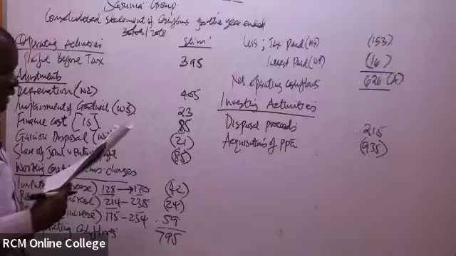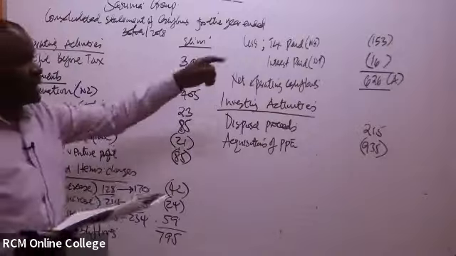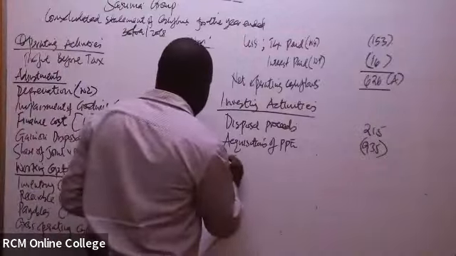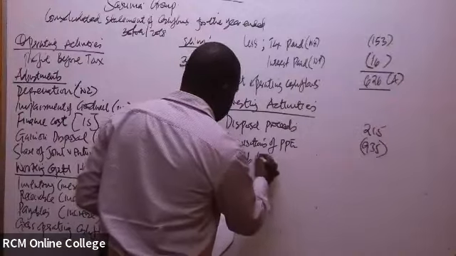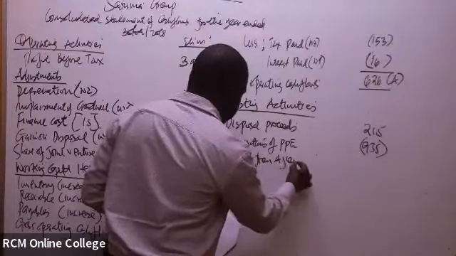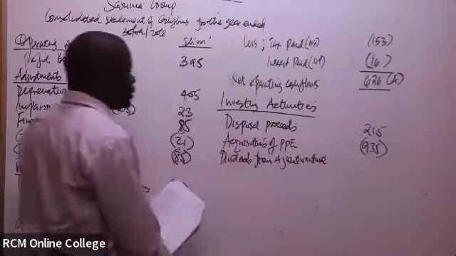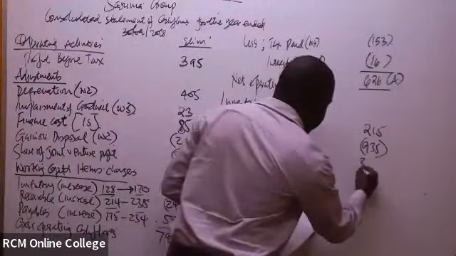Then from investing activities, they ended up getting some dividends from the joint venture, which we've just done the working for. So dividends from a joint venture: in this case, we got a figure of 38.